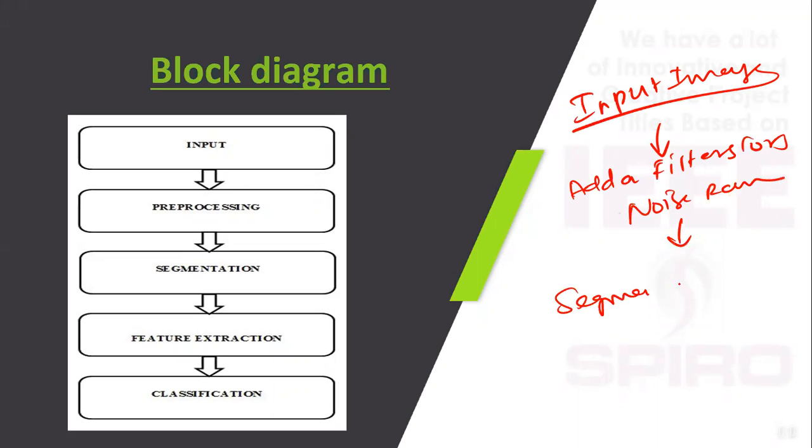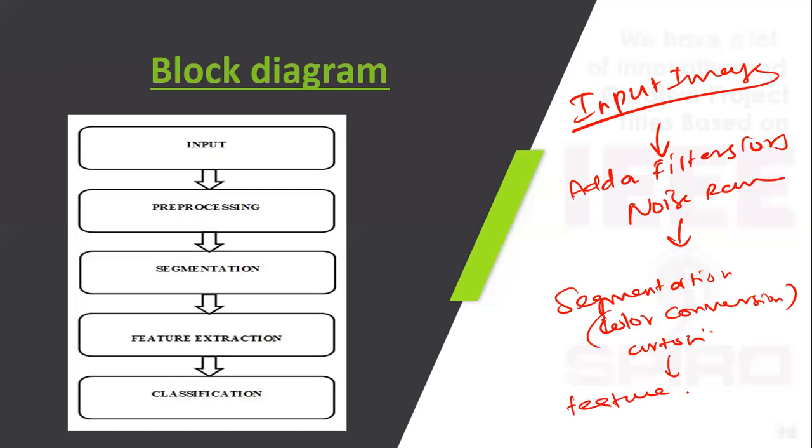Here we use different segmentation methods: color conversion models, kurtosis, and other models. Next, feature extraction, a model for dimensionality reduction from the image. And finally, classify the cloud types.